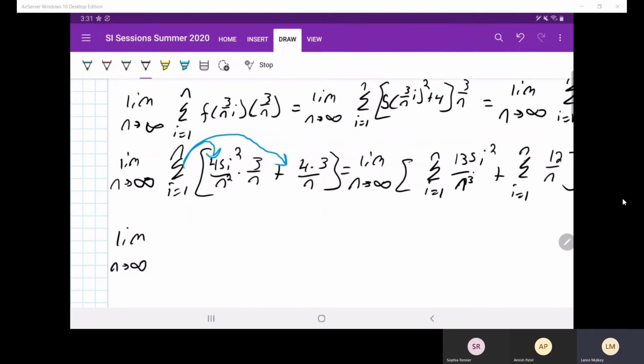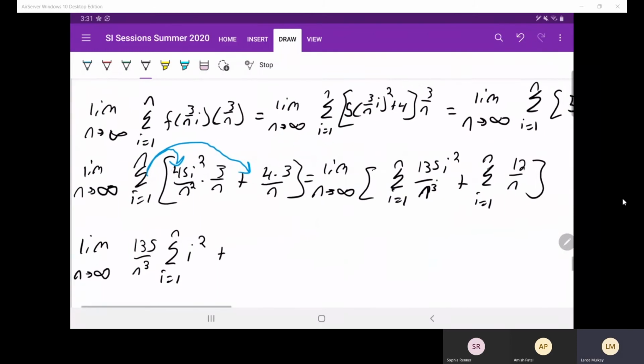You just want i's on the inside. This is where your i squared comes into play. And you can pull out 12 over n times 1.